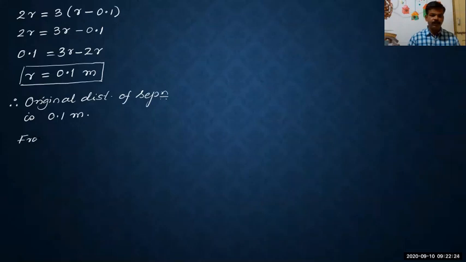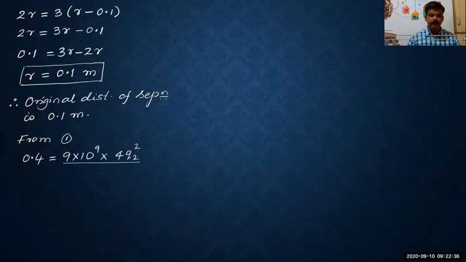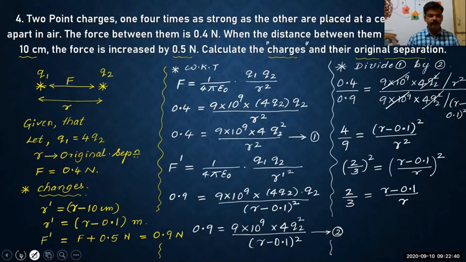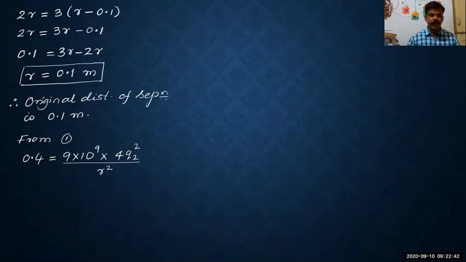From equation 1, it is 0.4 is equal to 9 into 10 raised to 9 into 4 Q2 square divided by r square, isn't it? It is the equation 1 we have. Then substitute the value of r.